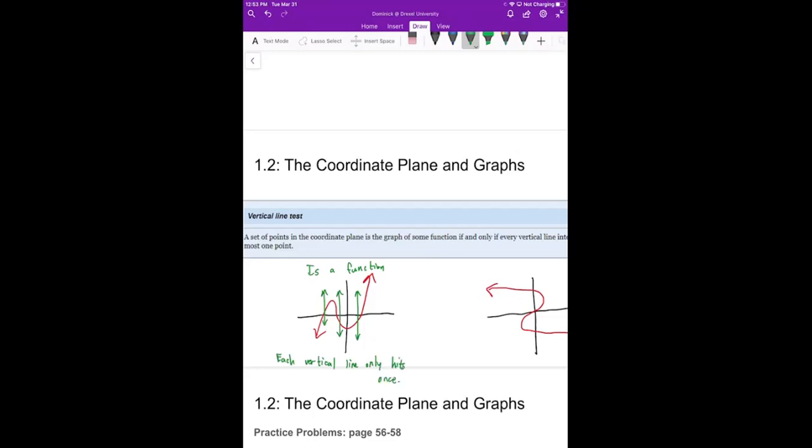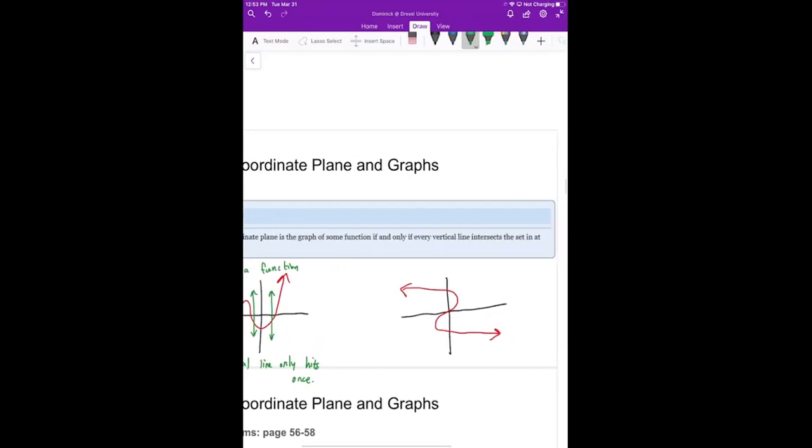On the other hand, I can draw a vertical line here that hits more than once. So this is not a function. And you only need one of these vertical lines, a vertical line that hits more than once. So this is not a function.